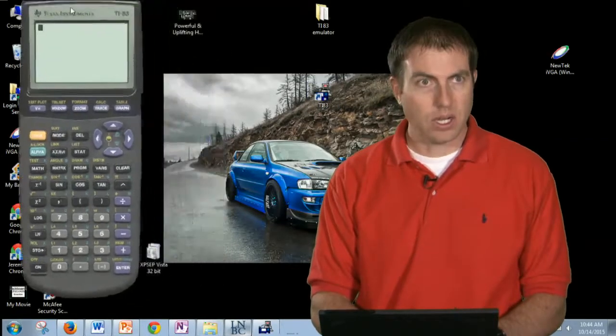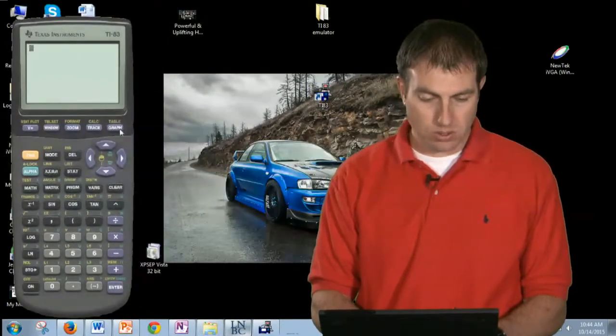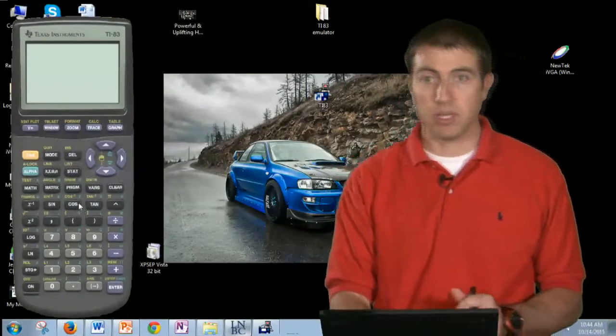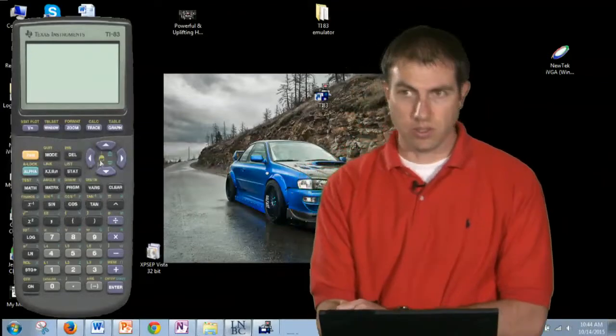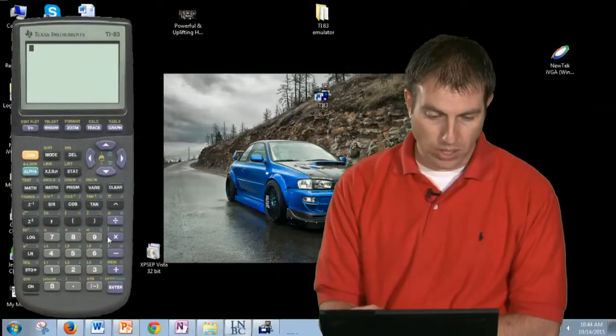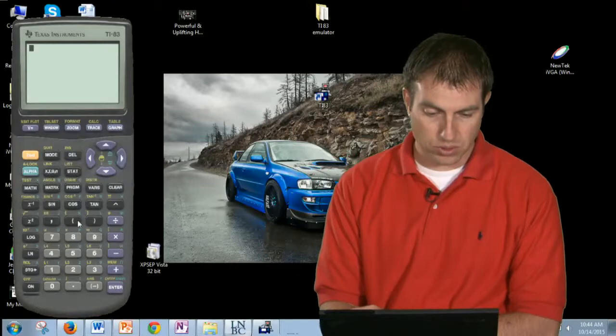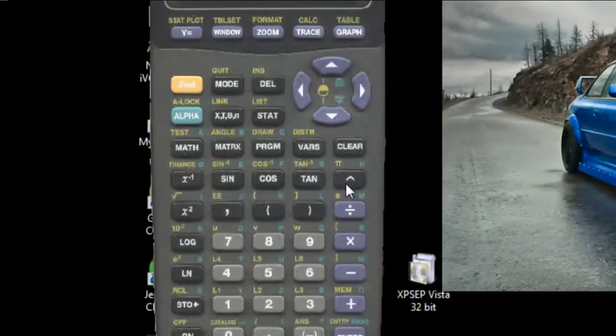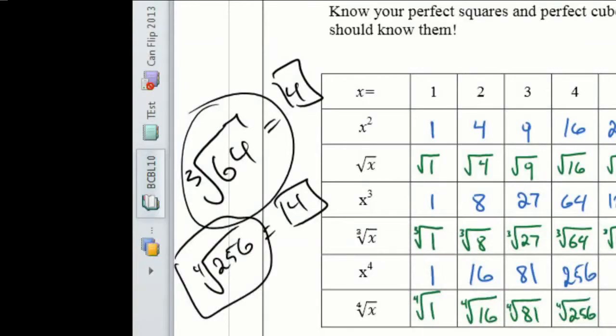Perfect. All right, Jade. You'll notice on the Texas Instruments calculator, there is no x to the y or little cube root. So Jade, what you're going to have to do is use the little hat button here. And it's going to be really weird. If you have your programmable calculator, the first example we were doing was the cube root of 64.